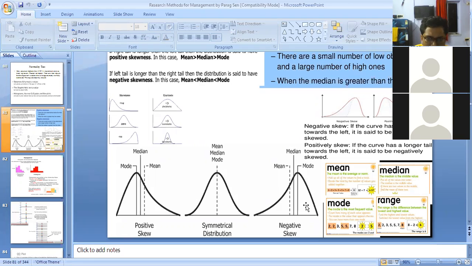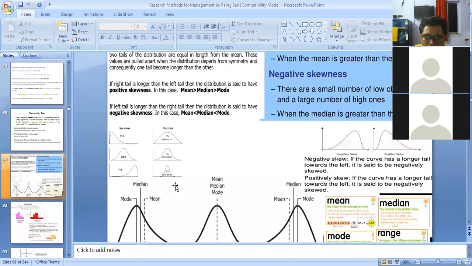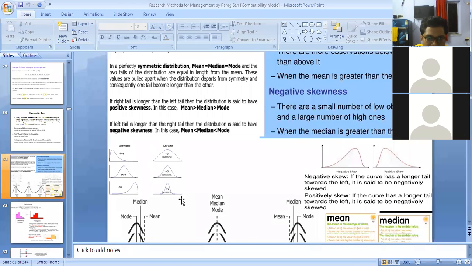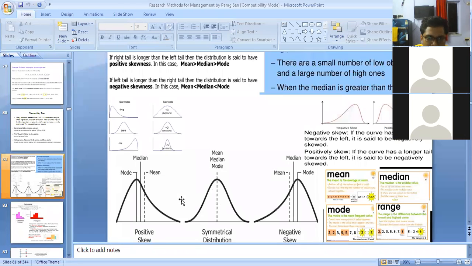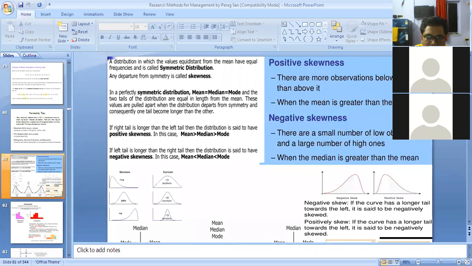In case of positively skewed, there are more observations below the mean than above it, when the mean is greater than the median.